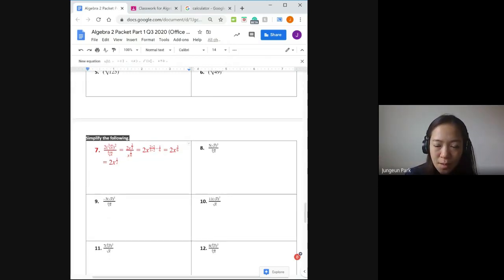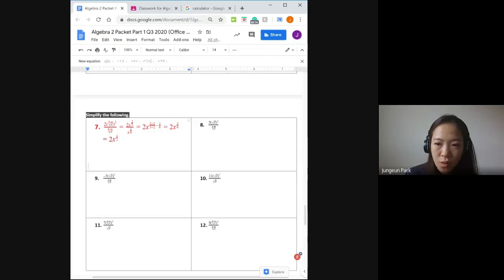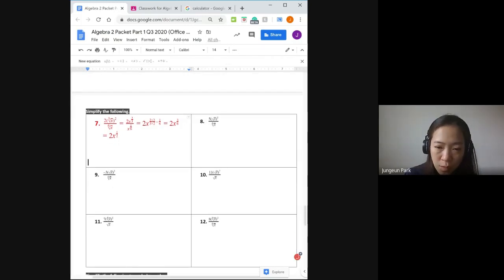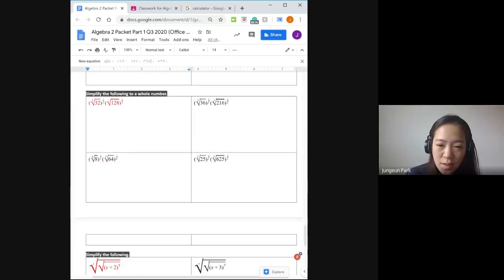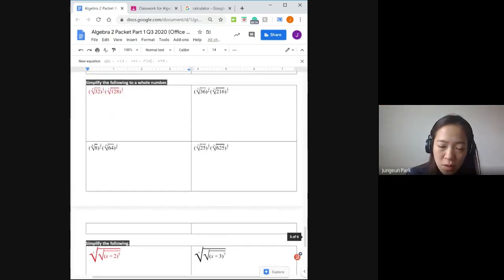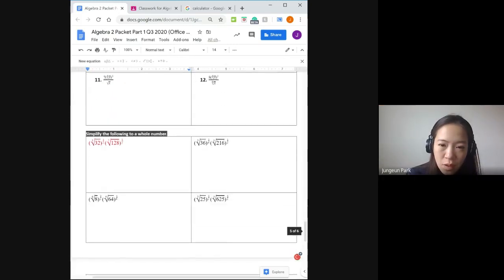For the rest of the questions, you need to keep the coefficient, the number, as it is, and change the exponent into the fractional exponent and then subtract. All right. The last part is going to be really simple.